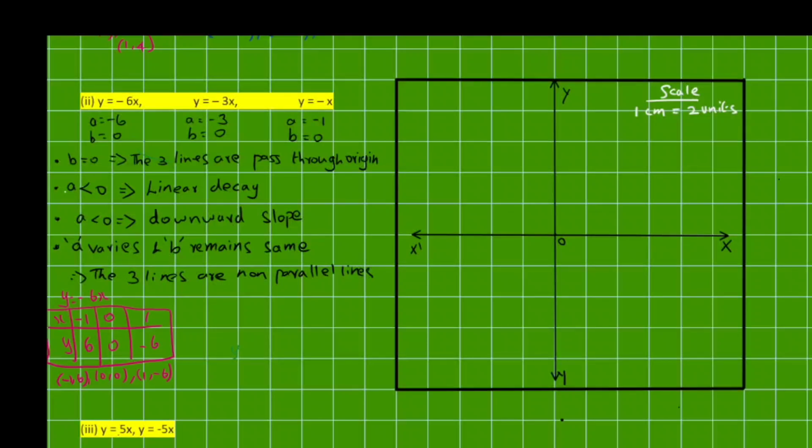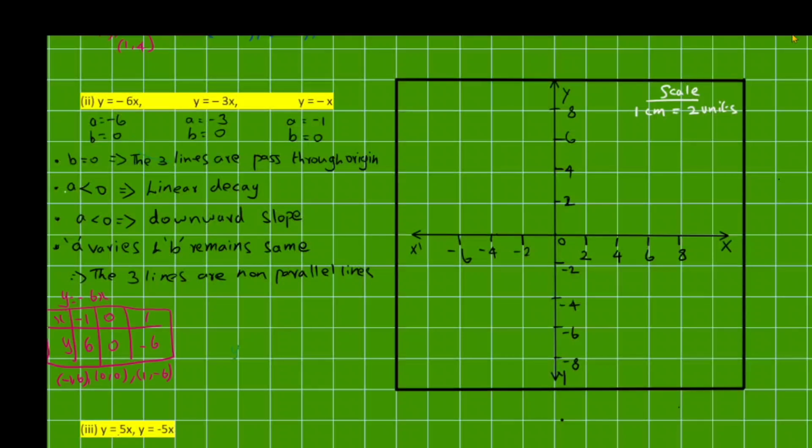So above the origin, plus 2, 4, 6, 8, and below the origin, minus 2, 4, 6, 8. I took the scale like this.